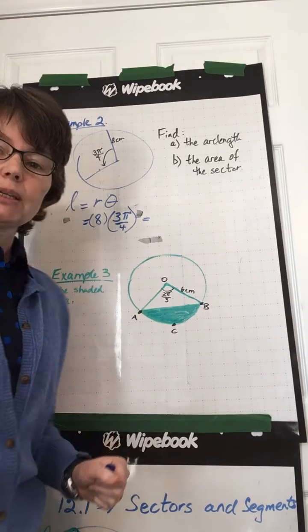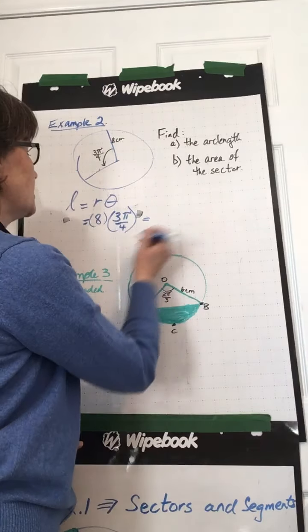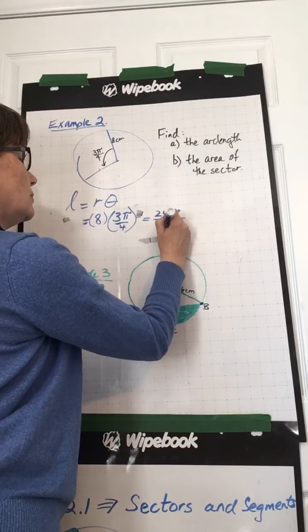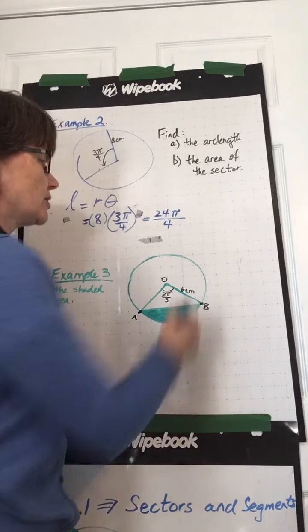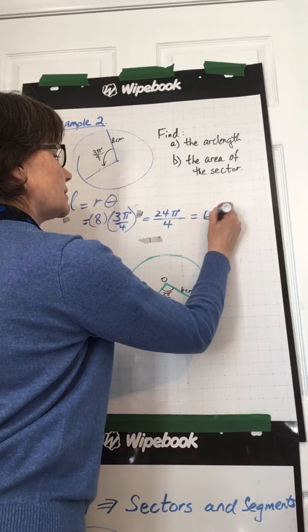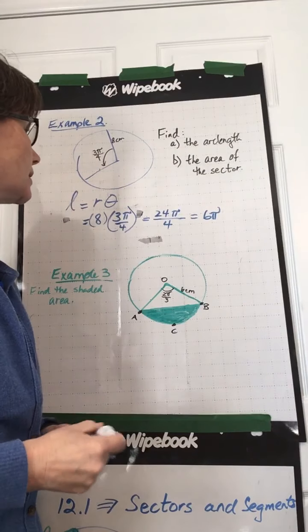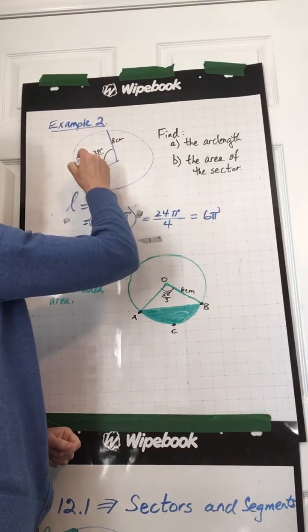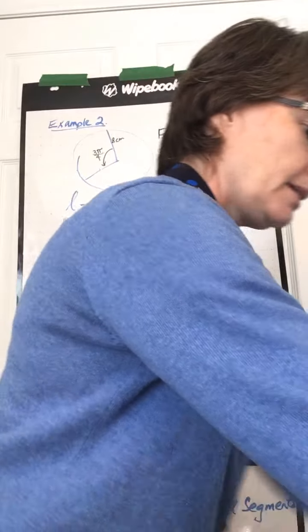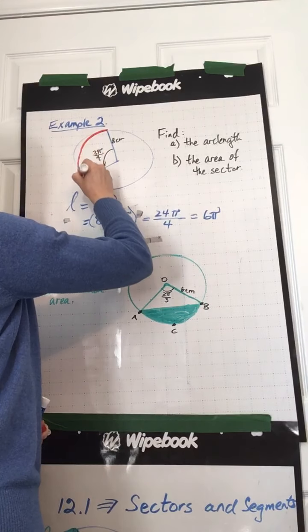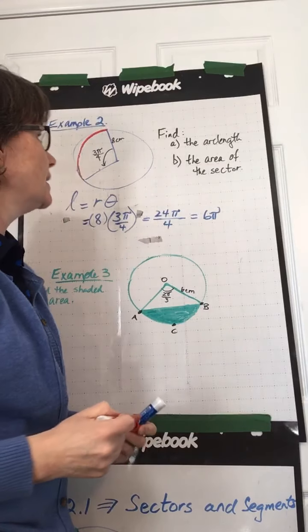Okay, so multiply across our fractions, multiply the numerators together, 24 pi over 4. Simplify that fraction now, and that is 6 pi. All right, so your answer is 6 pi. The arc length for a situation like this, so the arc length being outside of this sector, that length is 6 pi centimeters.